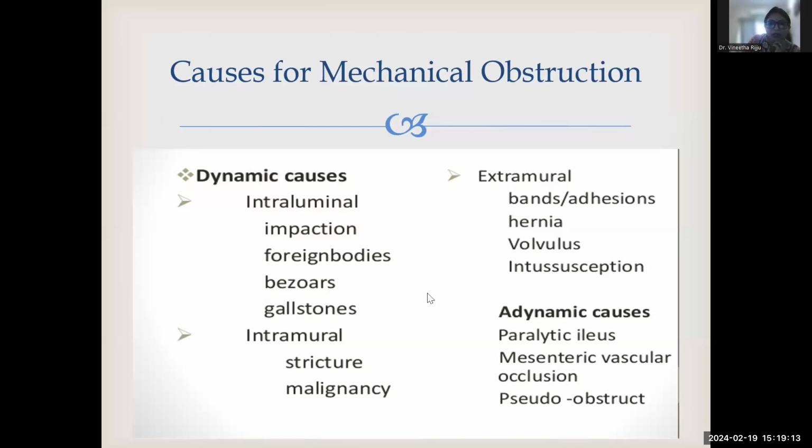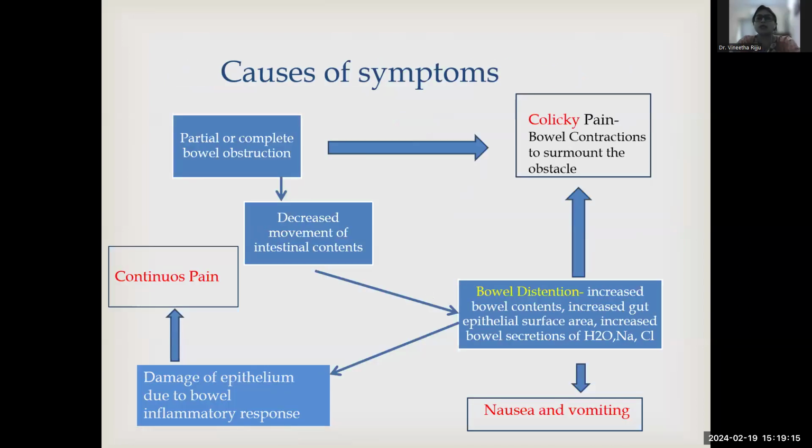So why is all this happening? Causes of the symptoms: it can be a complete obstruction or a partial obstruction. These patients have severe pain, colicky in nature, because of the bowel contractions. There is bowel distension, like you were saying in the chat box, that the patient says my abdomen is feeling so distended.